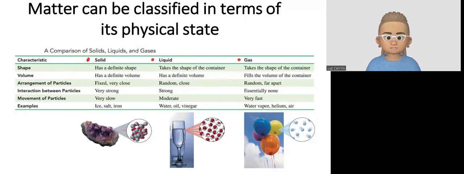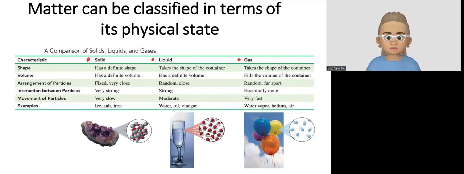Lastly, gases take the shape of the container and fill its volume. The arrangement of those gas molecules is random and far apart. The interaction between the particles is essentially none, and those molecules are going to be moving very fast.